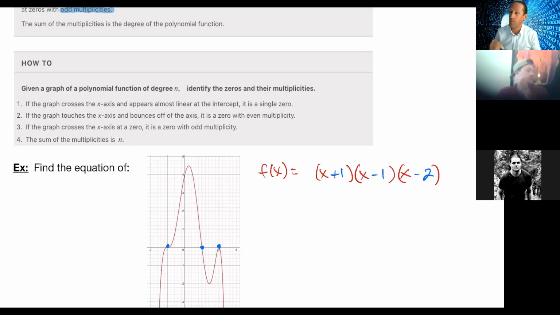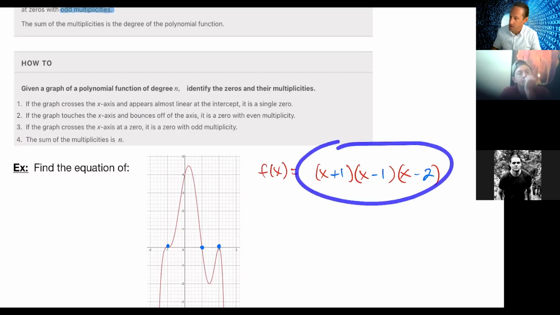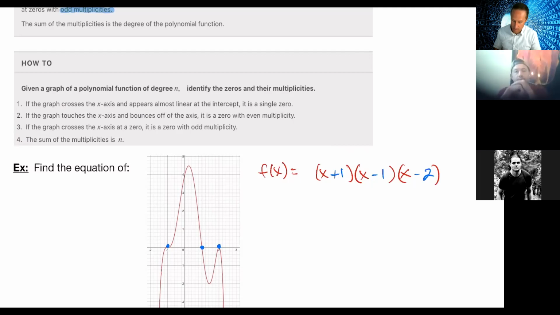We'll talk about the number of turns and remind us what we talked about last week as well. So that means one of these things or more has to have a multiplicity of maybe something even. Because right now we have 3, and that's no good.